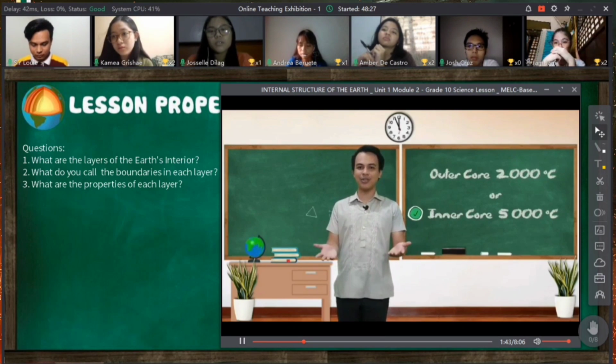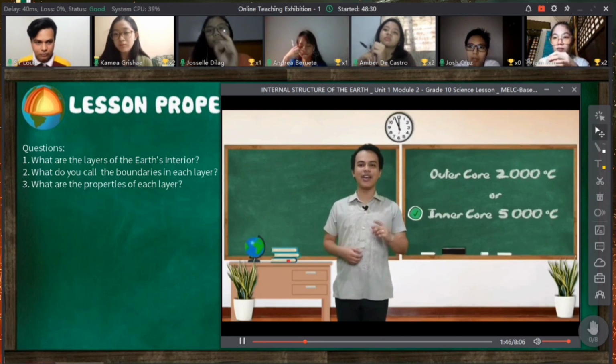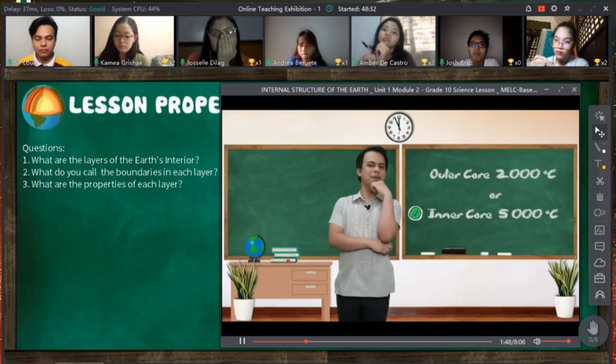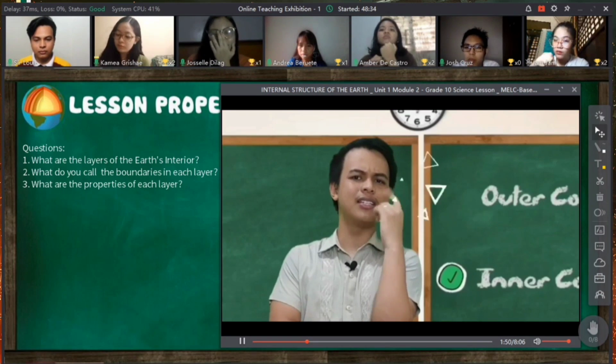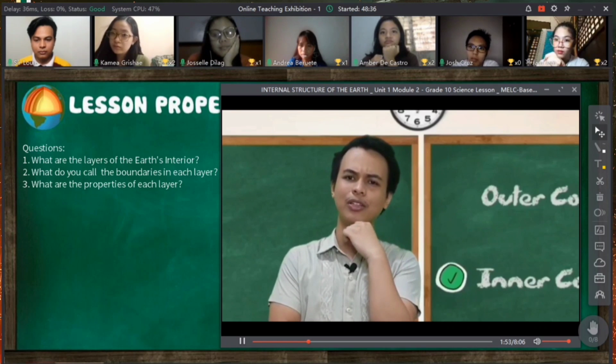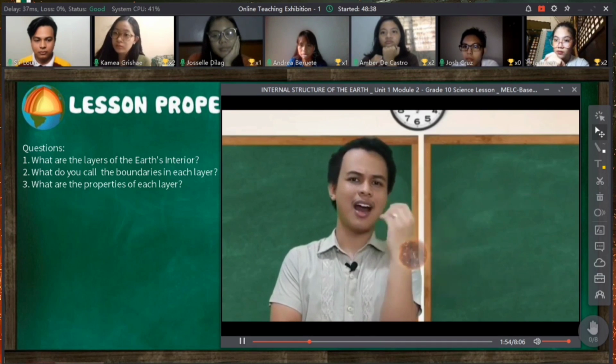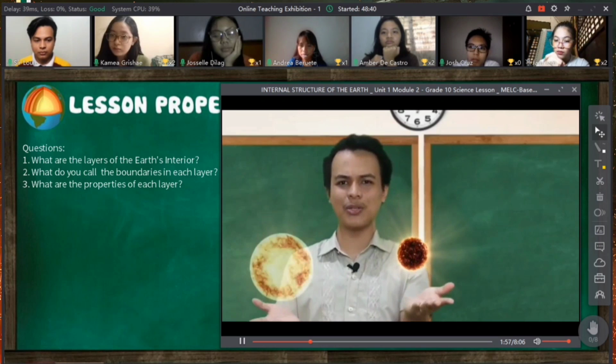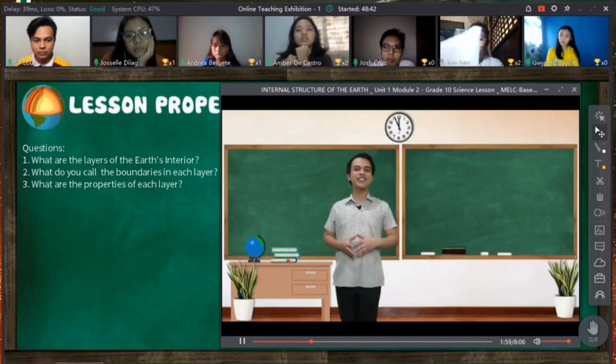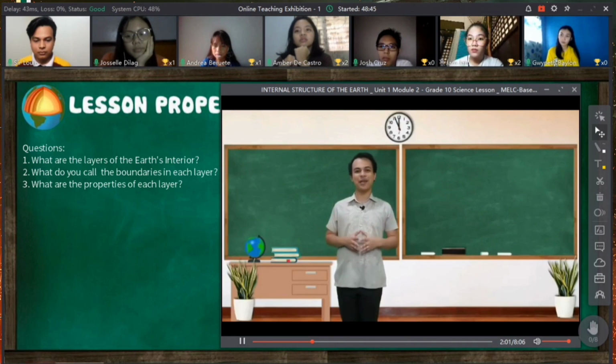Ang inner at ang outer core ay parehong binubuo ng iron and nickel alloy. So kung mas mainit ang inner core, sino kaya sa kanilang dalawa ang may molten na iron and nickel alloy? Ang inner core o ang outer core? If you answered inner core, well, I cannot blame you. But the correct answer is outer core.